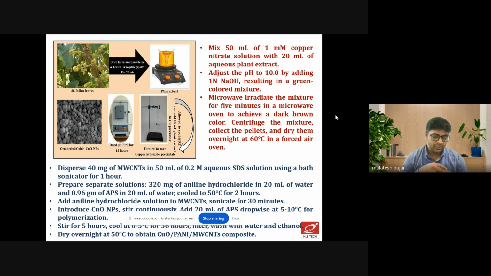So here we prepared a separate solution of 320 milligrams of aniline hydrochloride for the synthesis of the nanocomposites. This is our brief process to ultimately get our copper oxide, PANI, and multi-walled carbon nanotube composites.